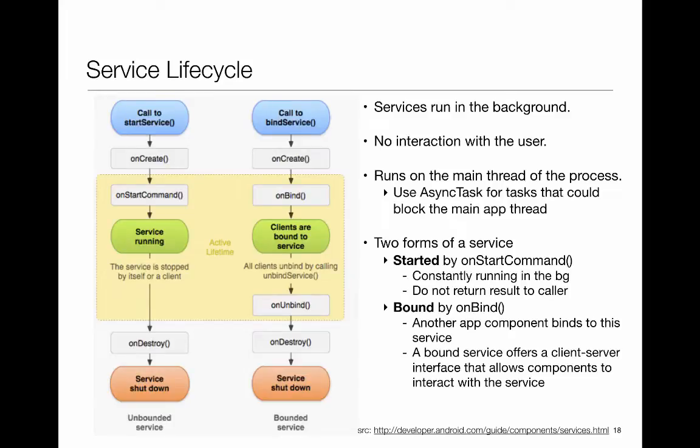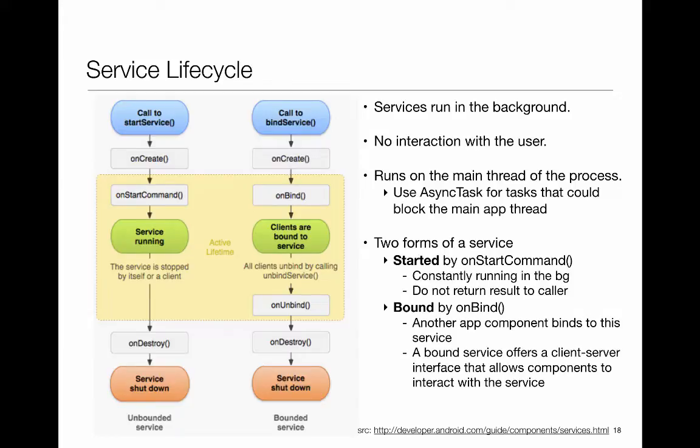After activity, the second component is called service. Activity is the foreground part of the app, and service is the background part of an app. There's no interaction with the user, and the task of the service is just to do some computation. Even so, keep in mind that the service also runs on the main thread of the process, so you shouldn't do anything that blocks.